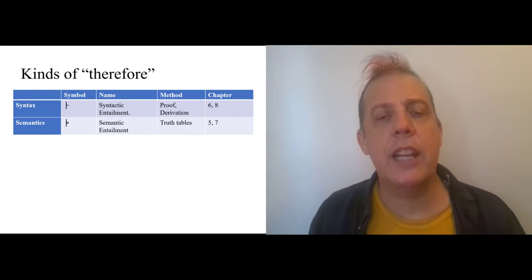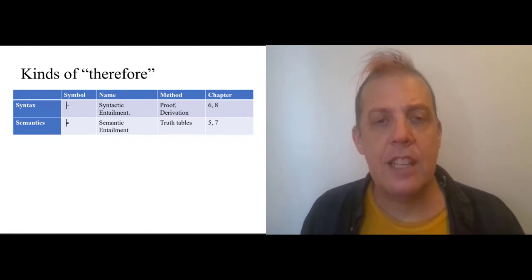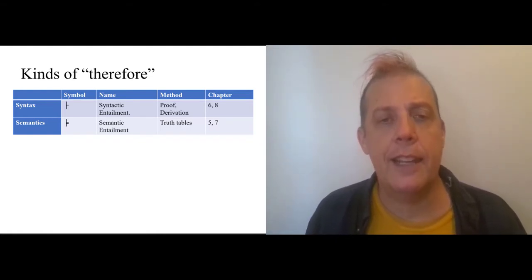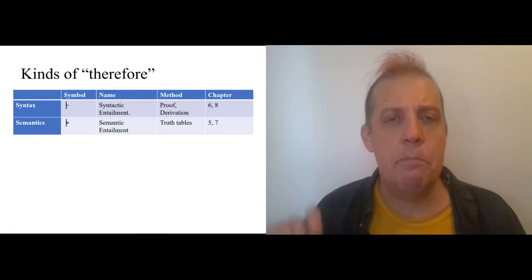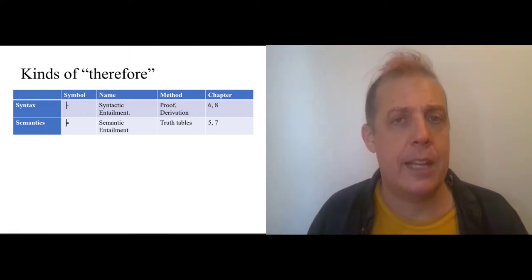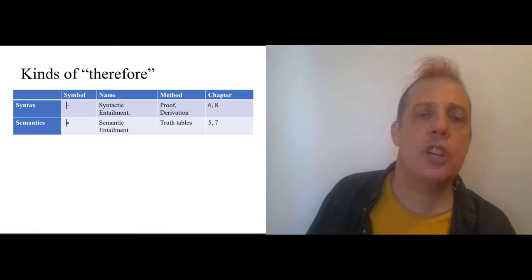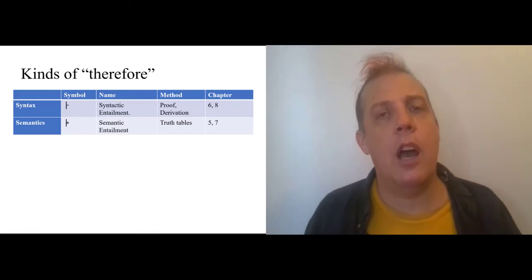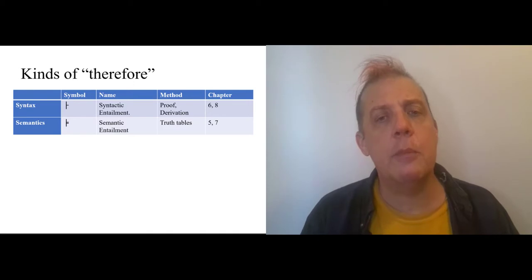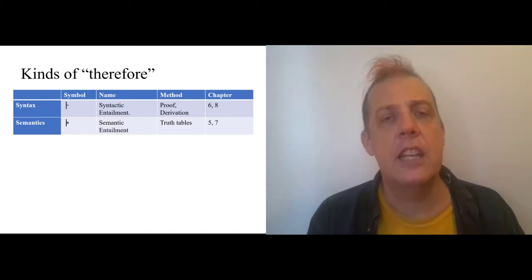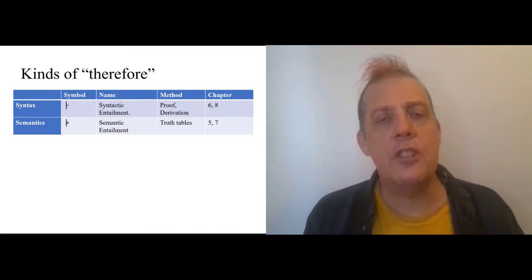What we were just doing now with truth tables is a kind of semantic entailment, because we were showing that a conclusion follows validly from premises by thinking about the truth of the statements. And in that way, we were taking into account their meaning. Now, in the next chapter, chapter 6, we're going to look at a way of showing that arguments are valid that doesn't take meaning into account at all.